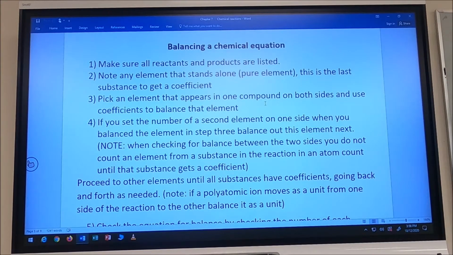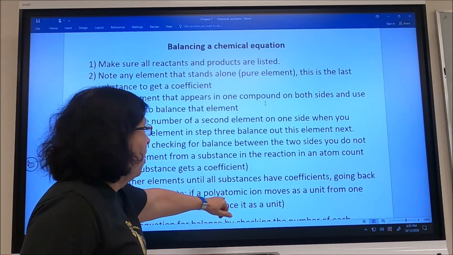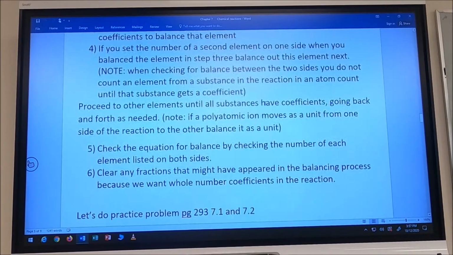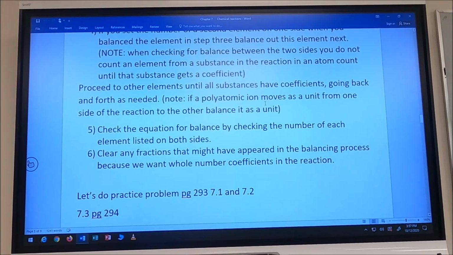Now, one of the things I want you to note is if you've got a polyatomic ion and it moves as a unit, you want to balance it as a unit. That's going to make your life a gazillion times easier. You want to check equations for balance by checking the number of each element listed on both sides and clear any fractions that might have appeared in the balancing process.